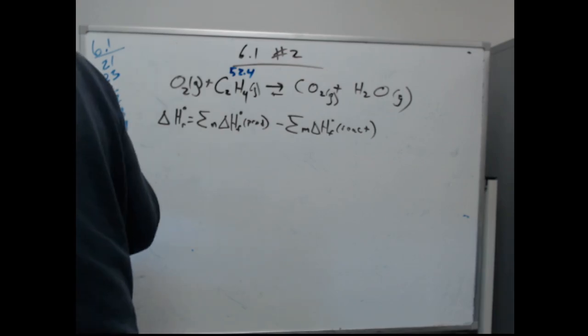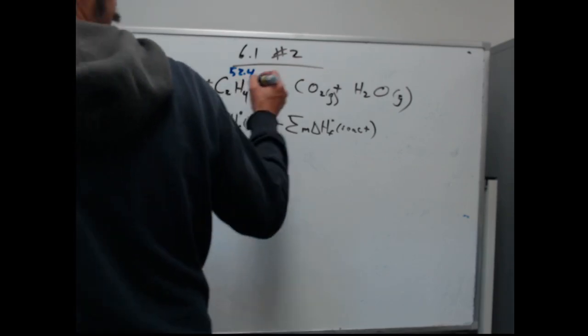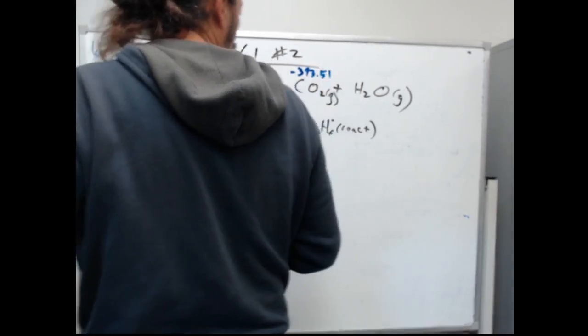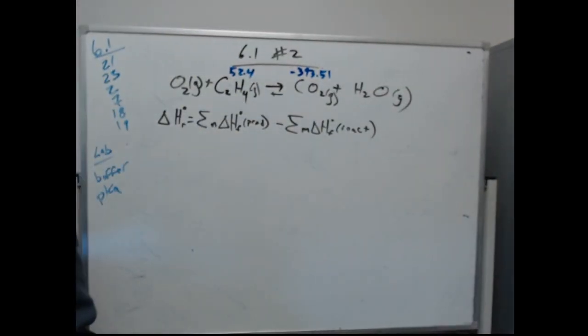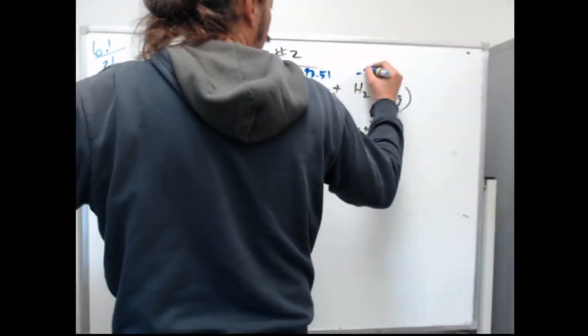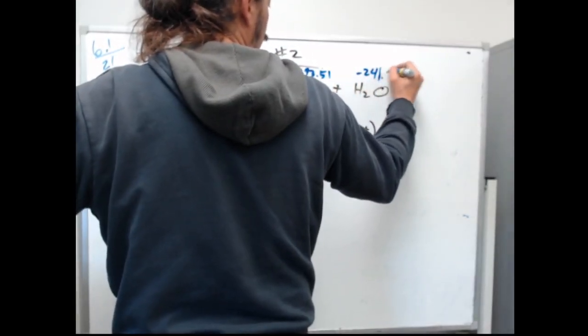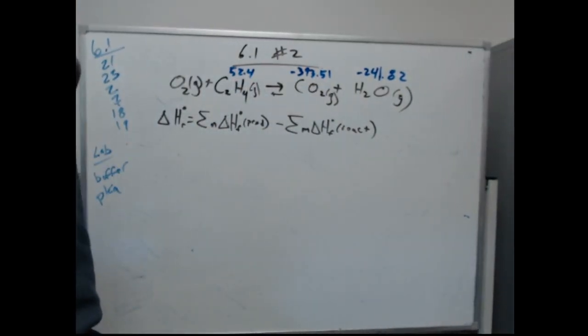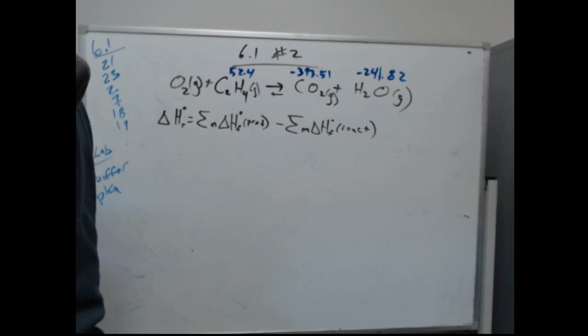CO2, negative 393.51. H2O gas is negative 241.82, negative 241.82. And for giggles, we'll look at oxygen as well.